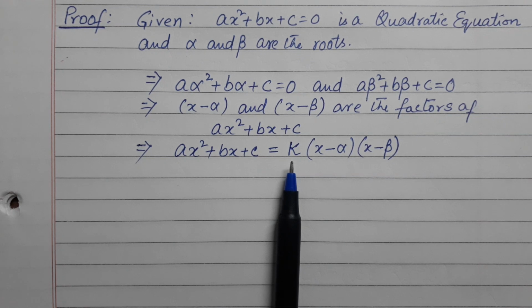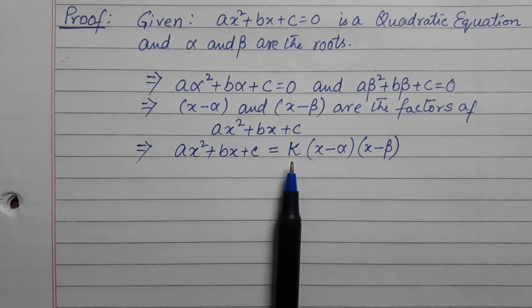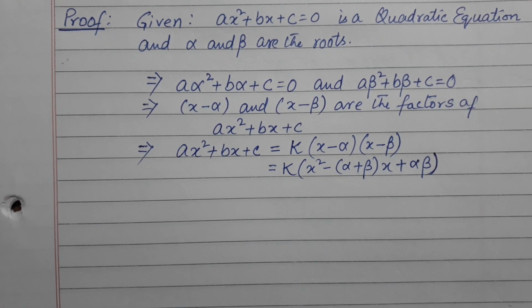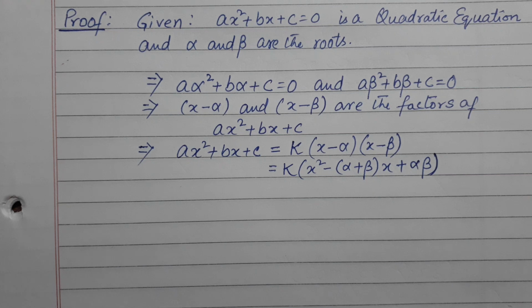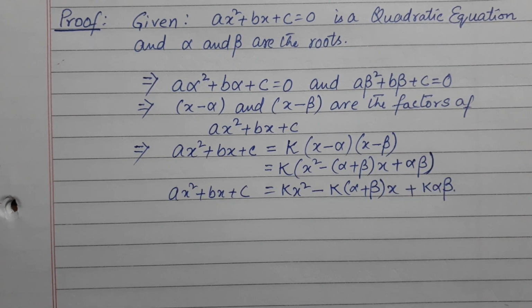Because to adjust the coefficient of x square in both the sides, which is equals to k into x square minus of alpha plus beta into x plus alpha beta. Now we can multiply k inside the expression. So we can write that ax square plus bx plus c equals to kx square minus k into alpha plus beta into x plus k alpha beta.